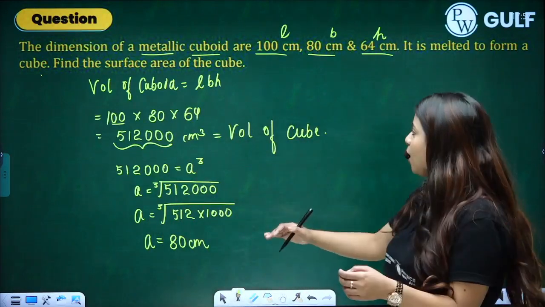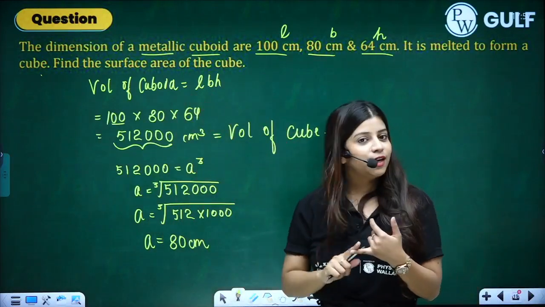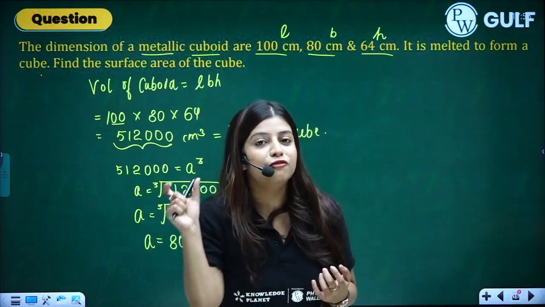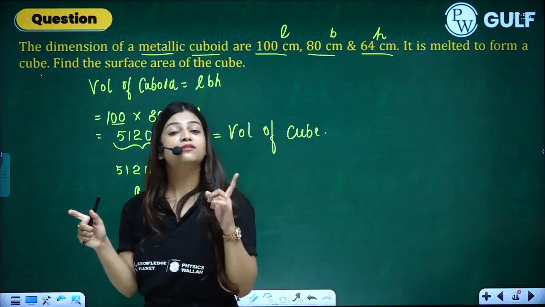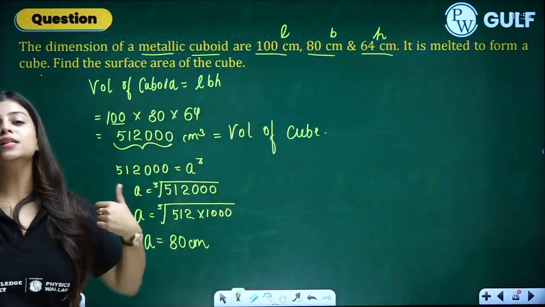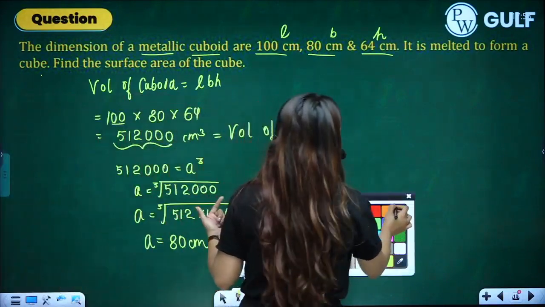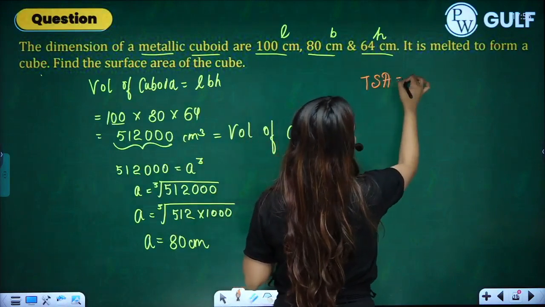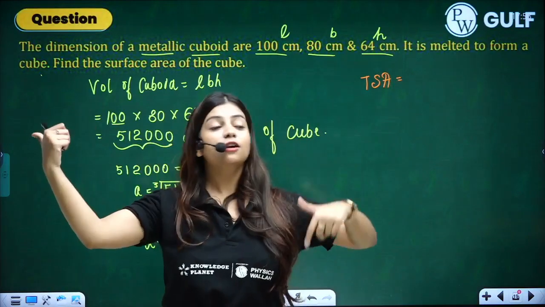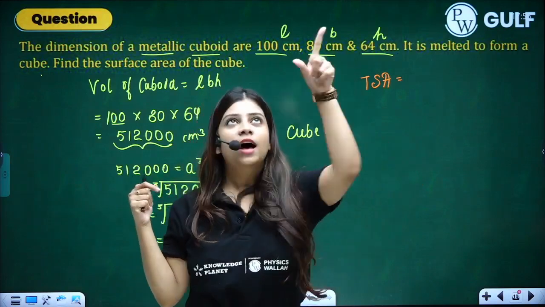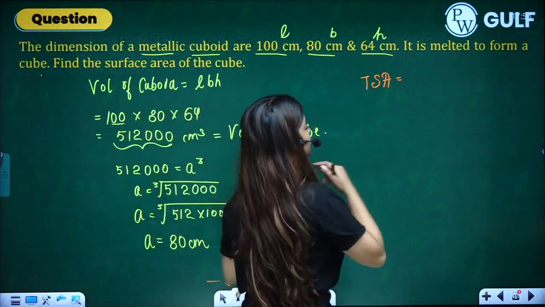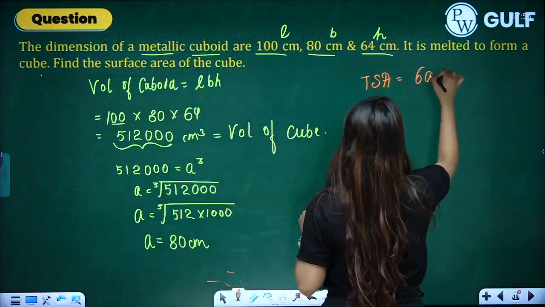Now what is asked? To find the surface area of the cube. Only surface area is given in the question, which means the total surface area has to be calculated. So the total surface area of your cube, that means all the 4 walls of the room along with the ceiling and the floor, that means 6 surfaces into a square.